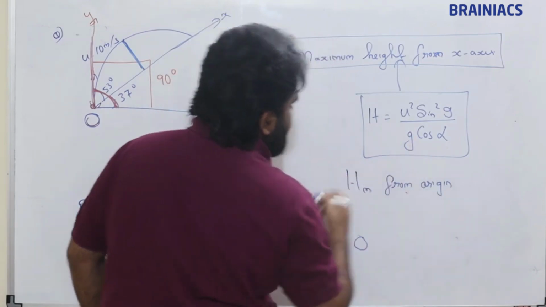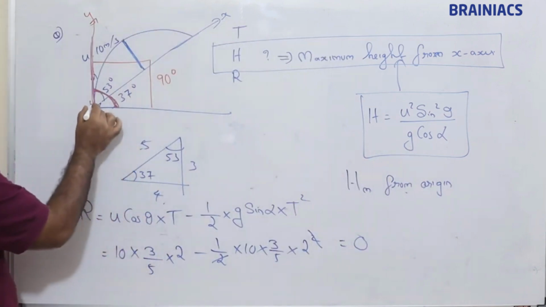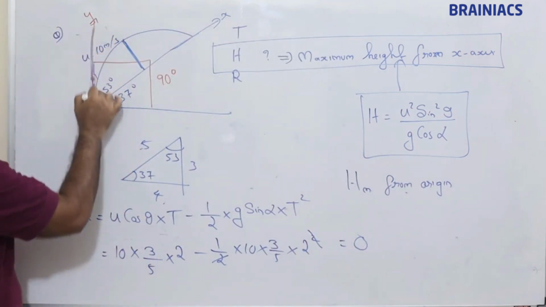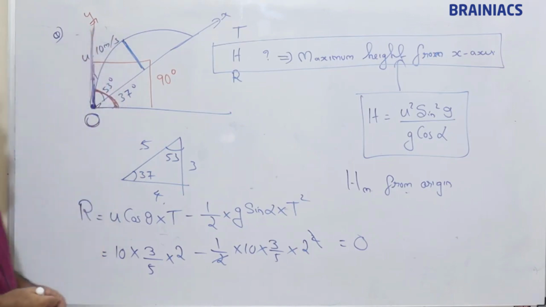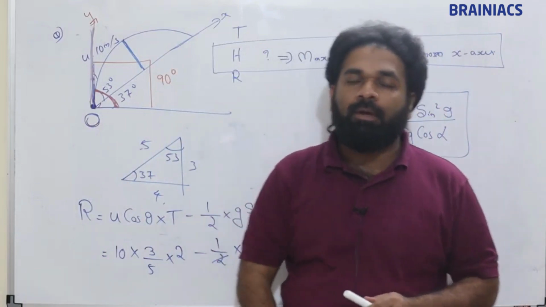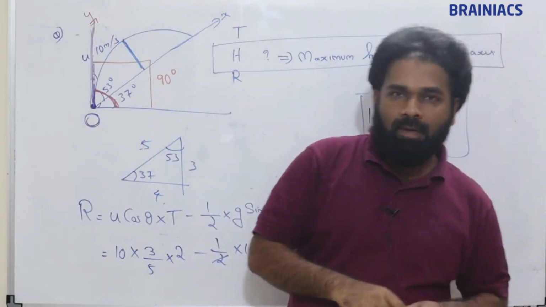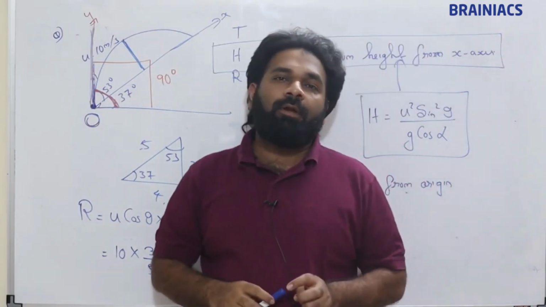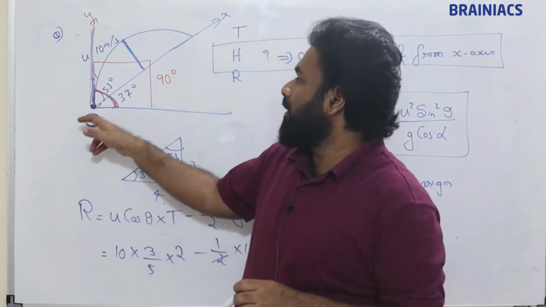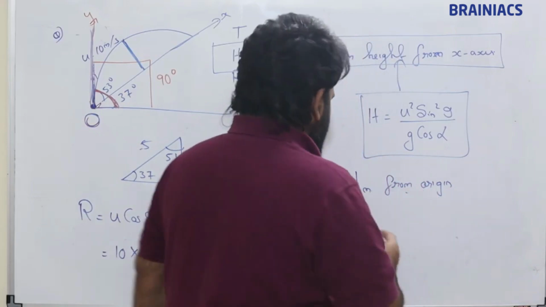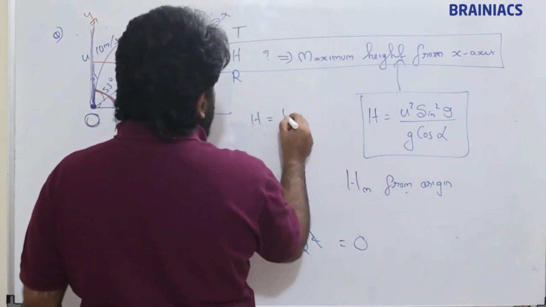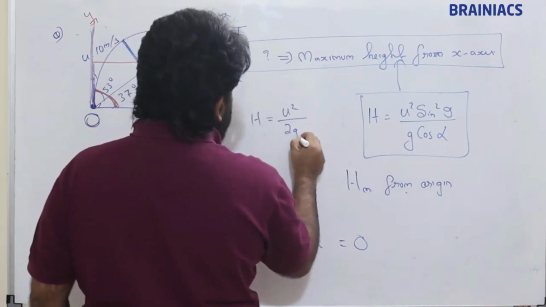If we project like this in the upward direction, in the vertical motion we have studied, the maximum height is nothing but u square divided by 2g. So if we measure like this, the maximum height from origin is equal to u square by 2g.